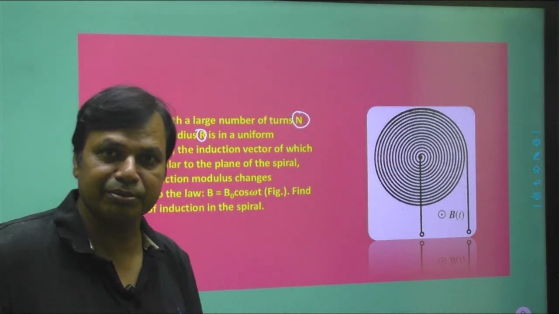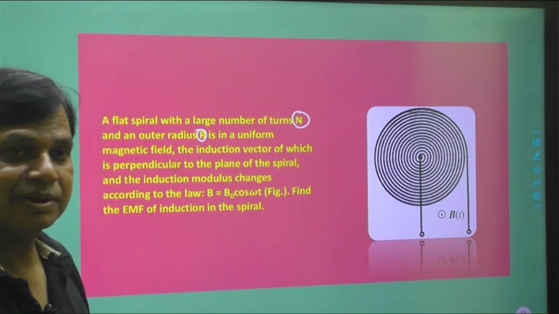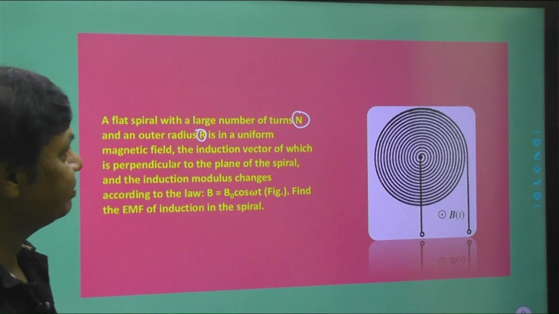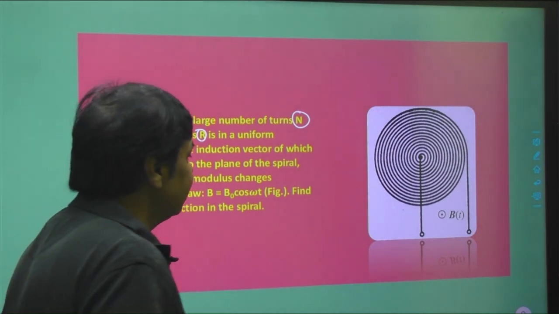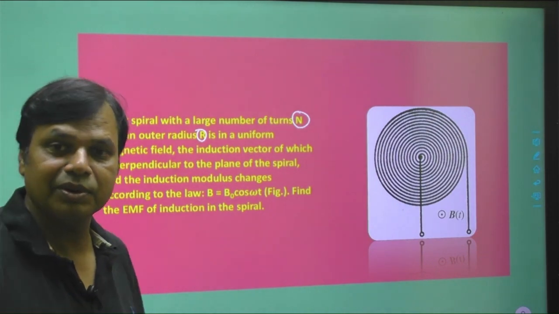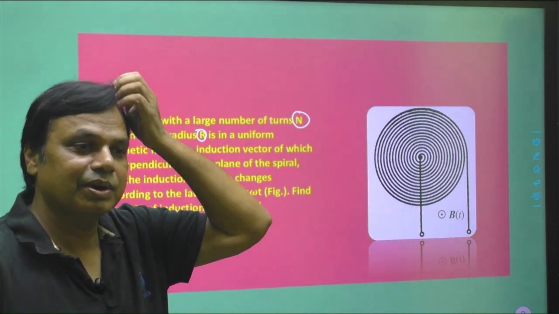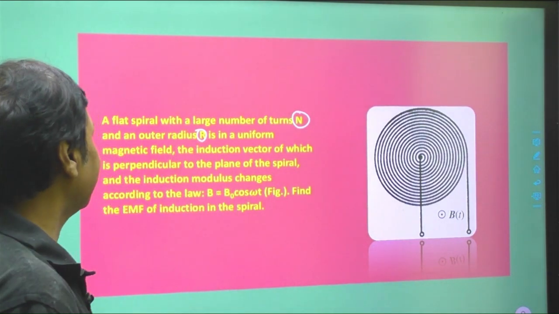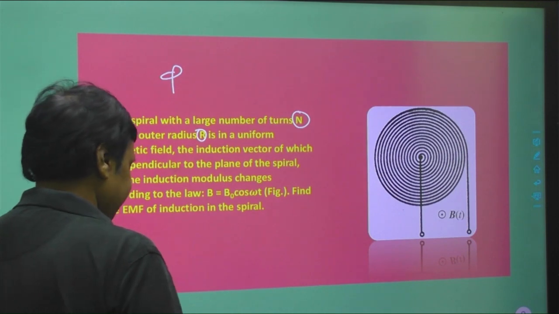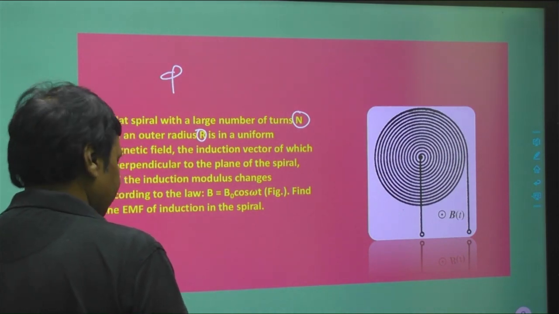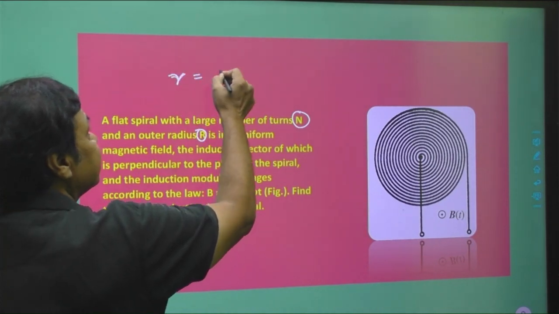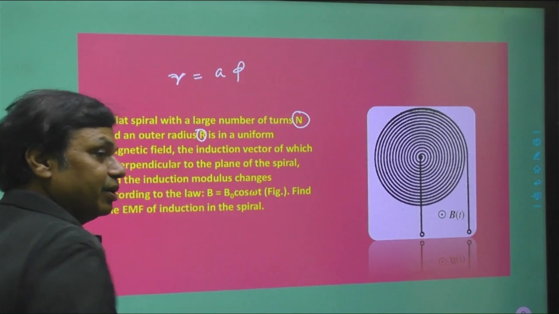How can I solve it? Well, you perhaps don't know, but the equation of a flat spiral is given in polar coordinates as something like r equals a phi. What is this r and what is phi?